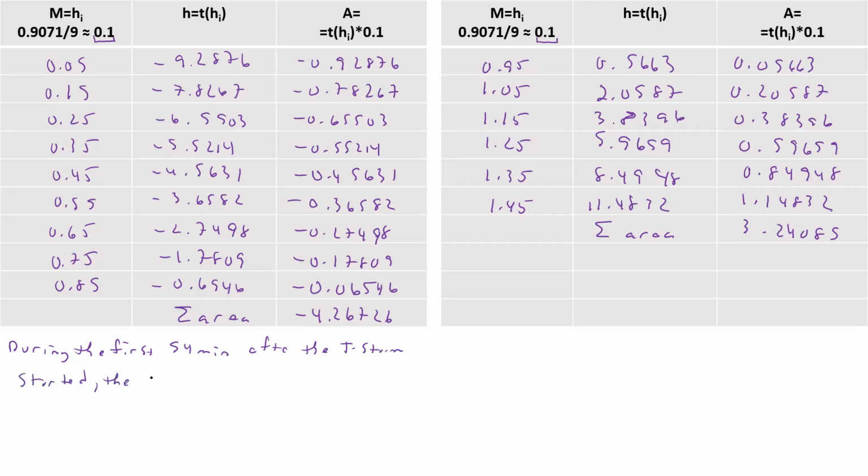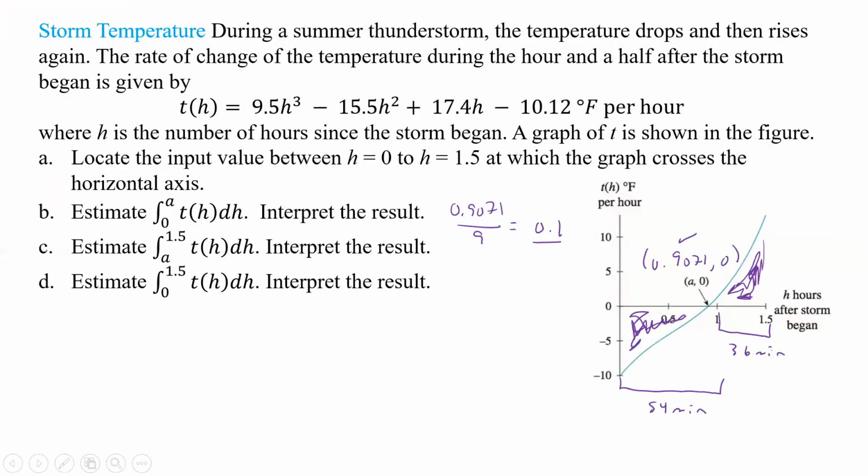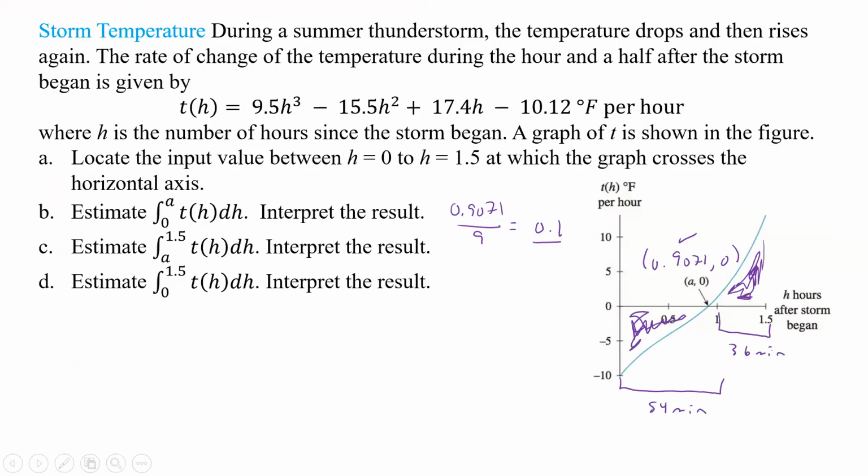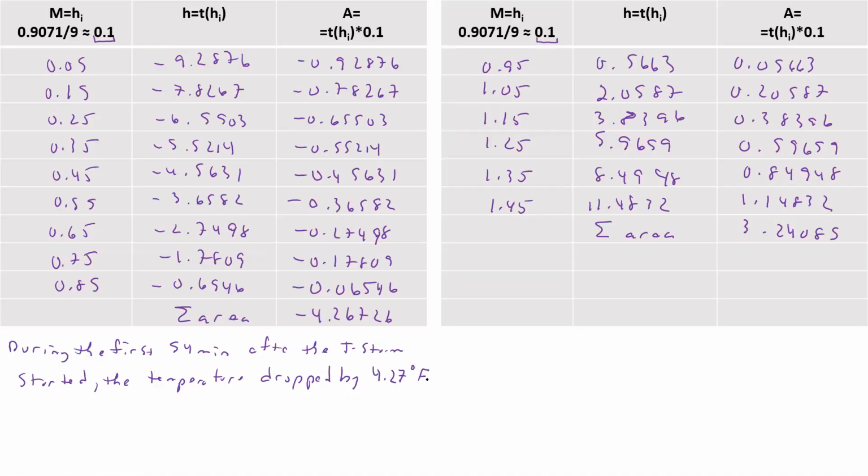Well, the temperature dropped by how much? Well, let's just round this. We have at the most 2 decimal places, so maybe we could do 2 decimal places, by, let's say, 4.27 degrees, and it was in Fahrenheit. Okay, so that one's what we have there.